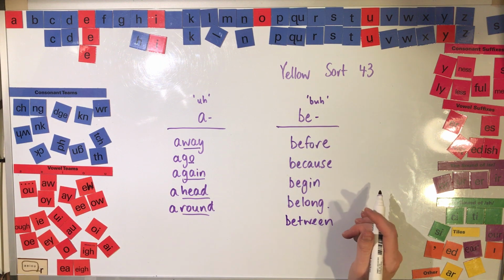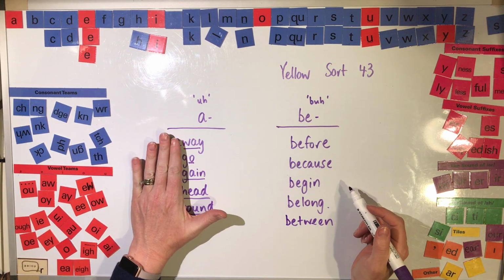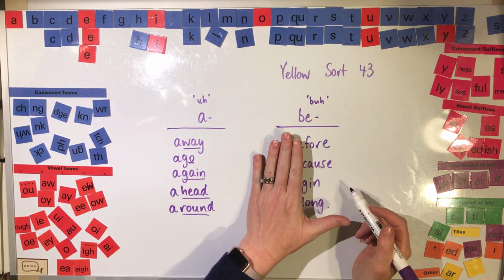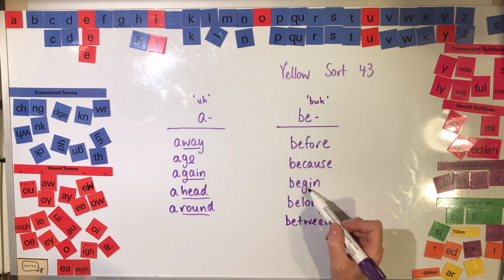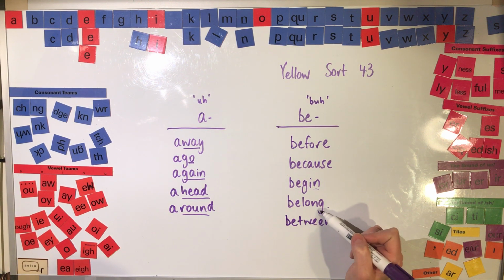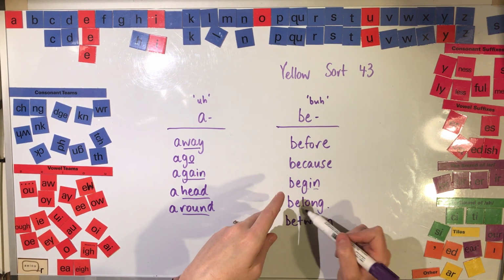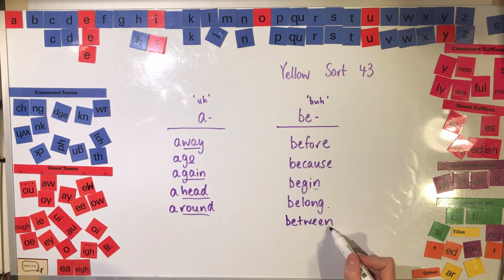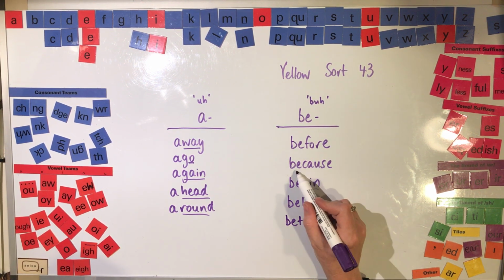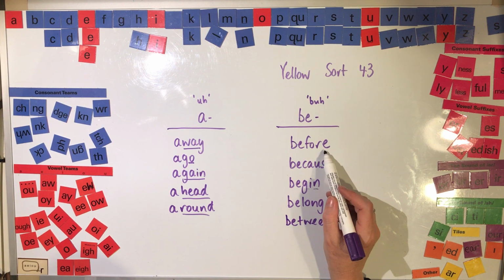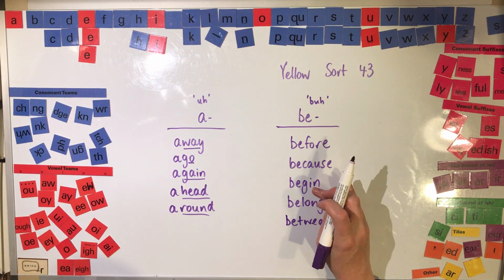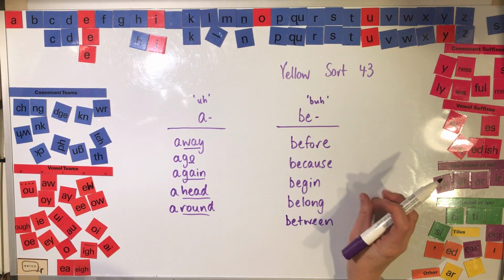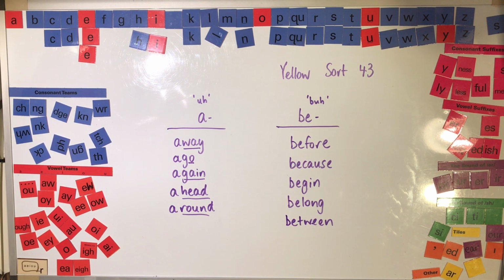Now, these words, where we could take the A off and most of these words made sense, if we take the BE off, it doesn't actually make sense because gin's not a word. Long, well, long is a word, but it's not got anything to do with belong. Tween, that's not. Cause, that might be. For, you know. So it sort of falls down a little bit, although it might be relevant in some of those words. Behind.